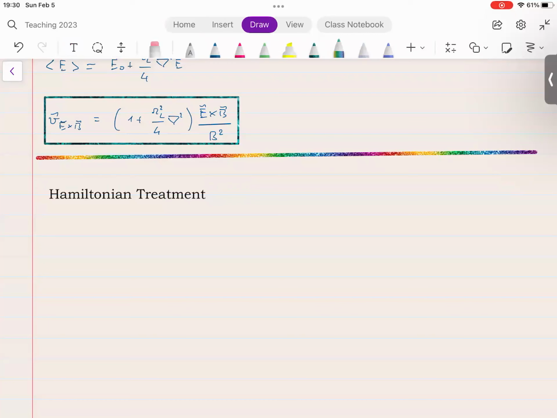What I want to look at next is how a very powerful tool that we learn in classical mechanics, that is the Hamiltonian formulation of classical mechanics, can help us in plasma physics.